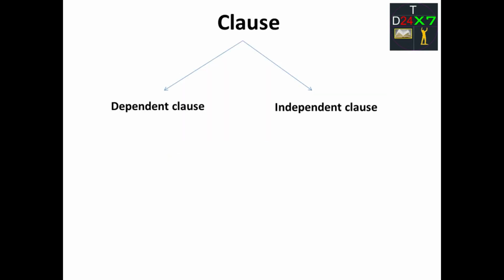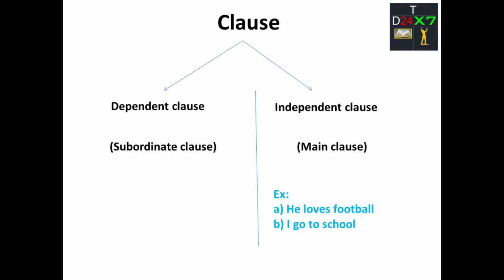So friends, there are two types of clause. One is the dependent clause. Another is the independent clause. An independent clause can also be named a main clause, and a dependent clause is also called a subordinate clause. We can also discuss some more examples, such as He loves football. I go to school.